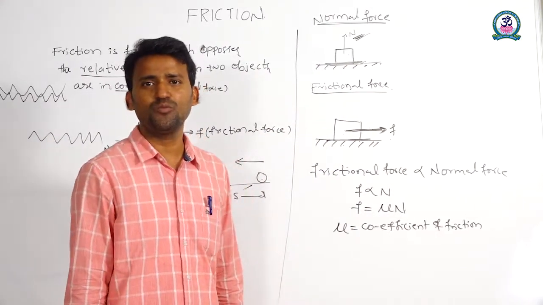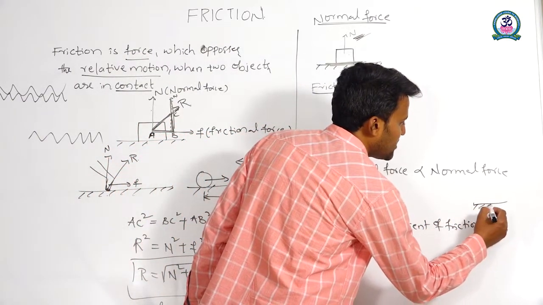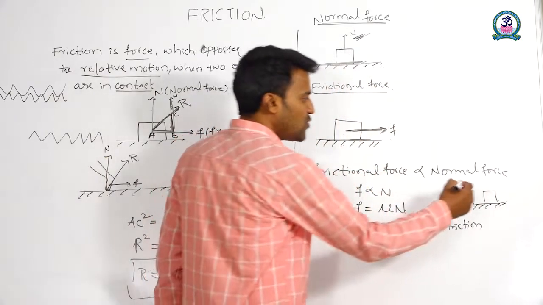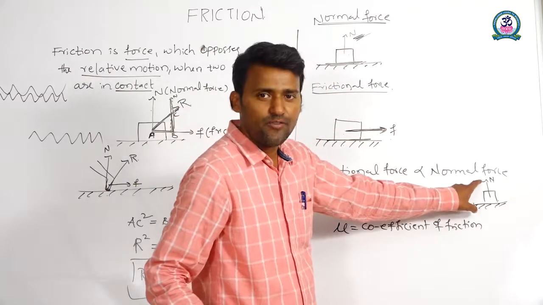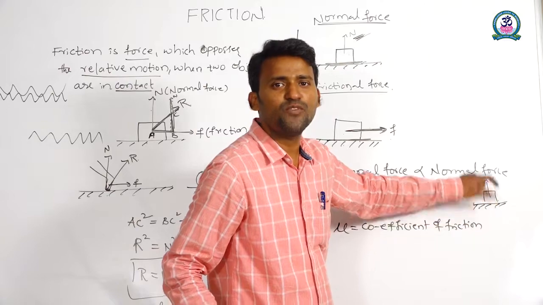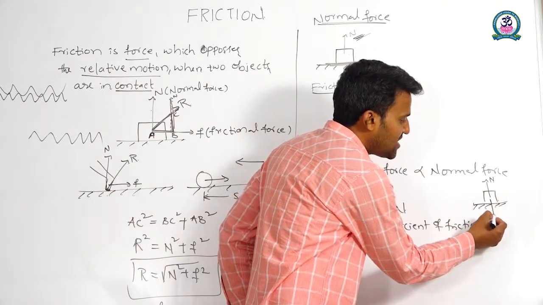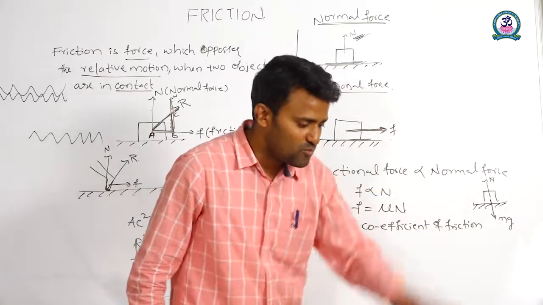This equation we can also write as F equals mu into mg, because see here, in the same diagram, when the object is placed on the ground, the normal force is acting in the upward direction. A force exists on the block due to the ground, that is the normal force, and the weight of the block is acting downward, but it is not moving up and down.